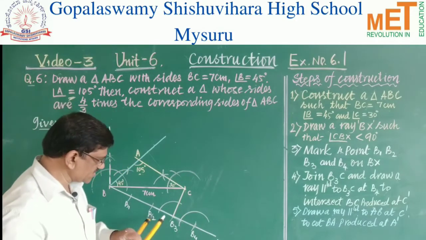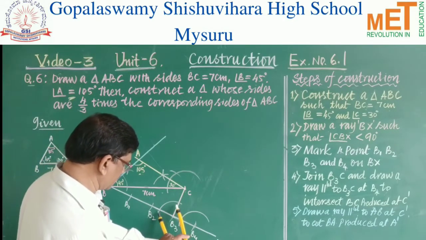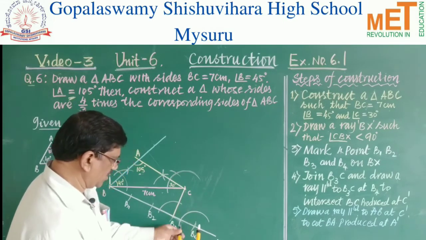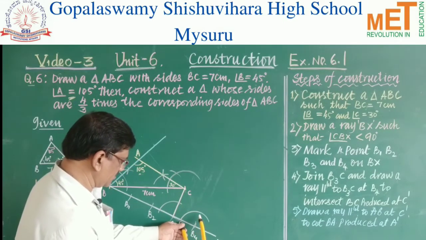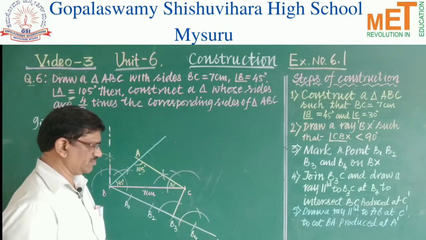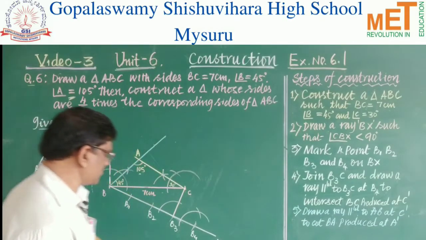Now measure the distance between these 2 points of intersection. You see this measured. With this point as center, draw arc. Cut the arc by drawing like this. Now you join. Before that, you produce BC some extent.